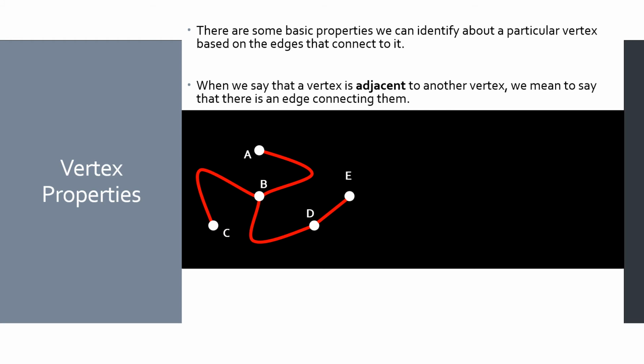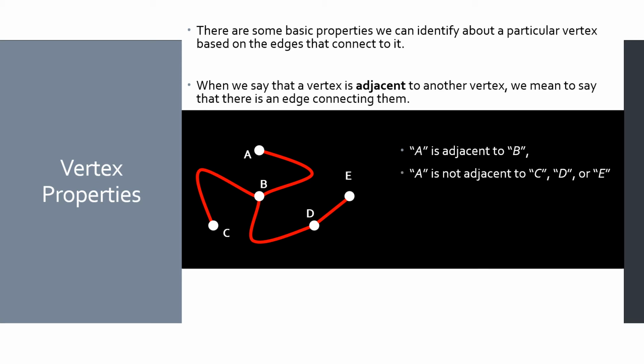So here is a modified version of one of the examples from before. I've added a little E here. And in this example, A is adjacent to B. So the vertex A is adjacent to the vertex B. And you can see that because they have that little curvy edge between them.